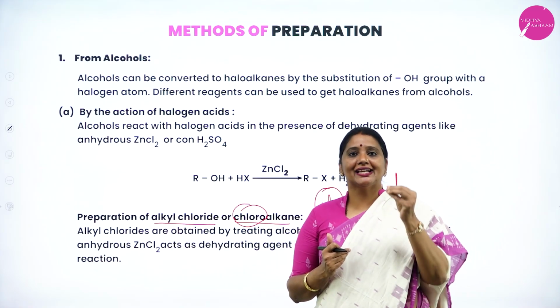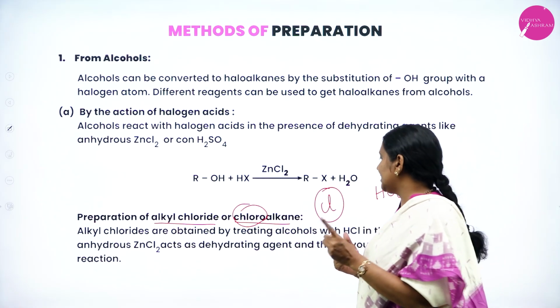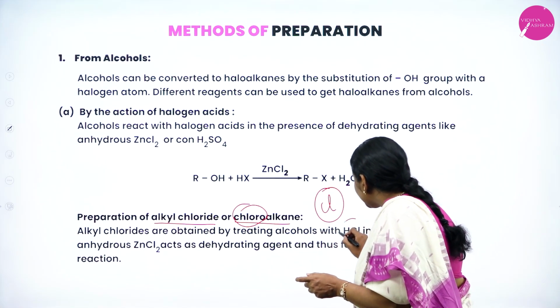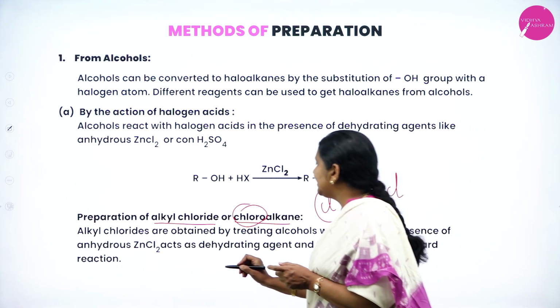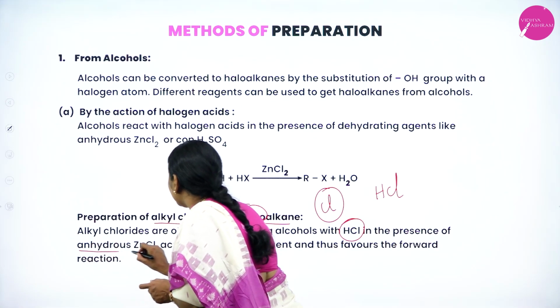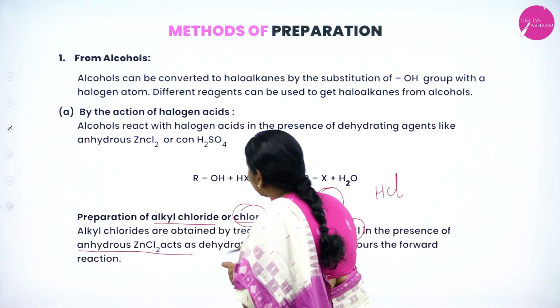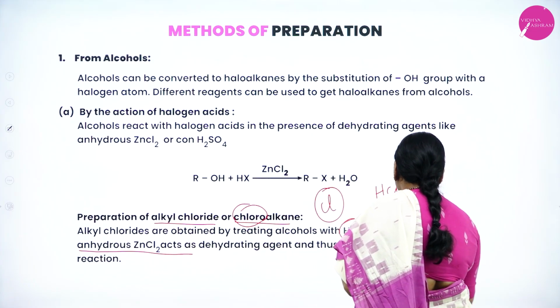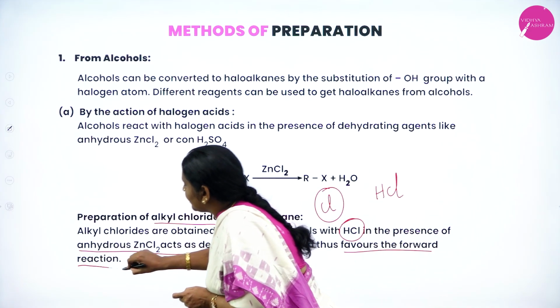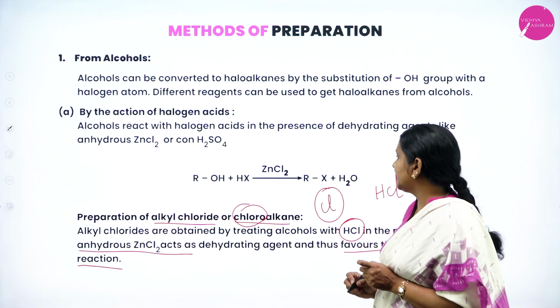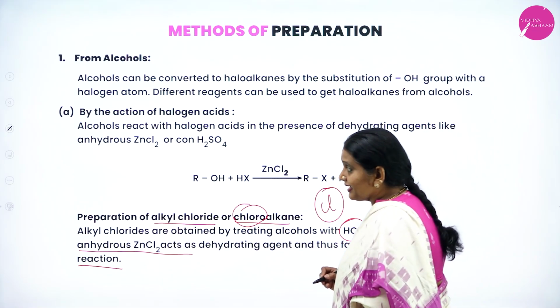When HCl is the reactant, the dehydrating agent used is anhydrous zinc chloride. It acts as a dehydrating agent and favors the forward reaction. Therefore, what is the equation?